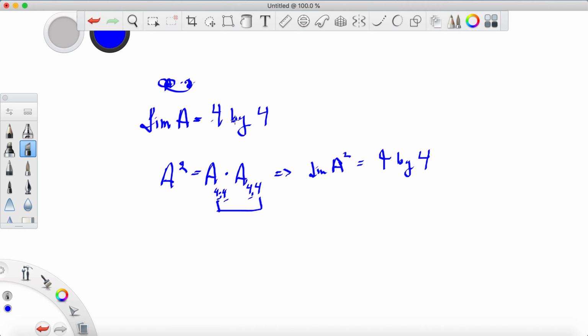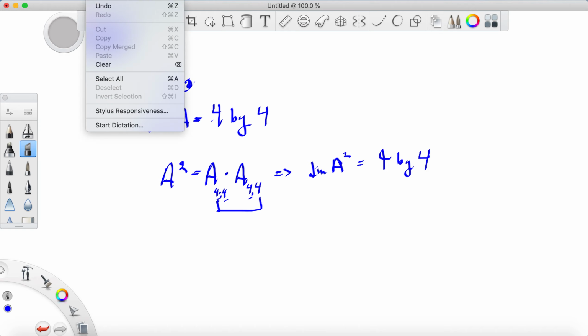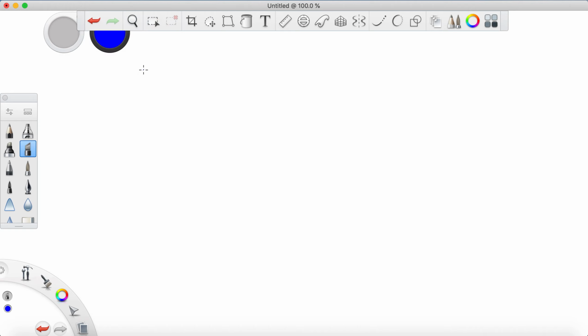Okay, so another neat thing is that the dimension of a matrix which is squared does not change. So let's do an actual computation.